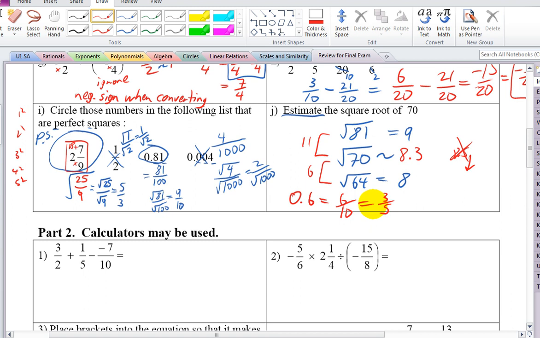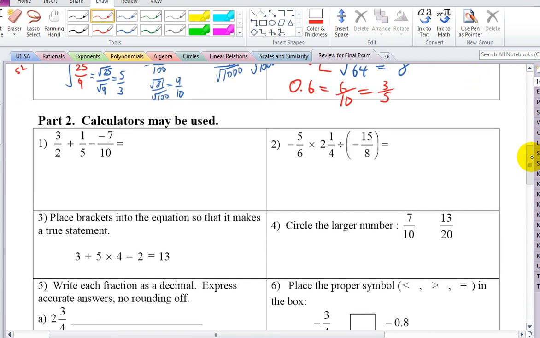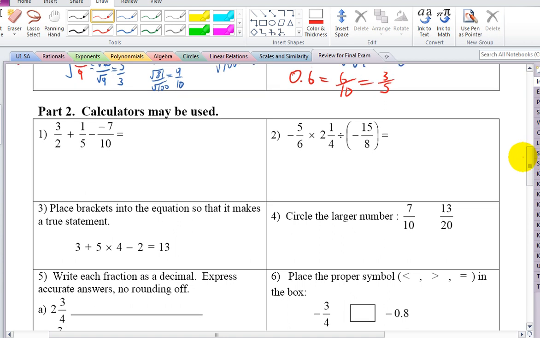Okay, calculators may be used. So this one, what do we need with our fractions? Common denominator, and maybe fix those double negatives. So what's your denominator? 2, 5, 10? 10. Okay, convert your fractions, please.